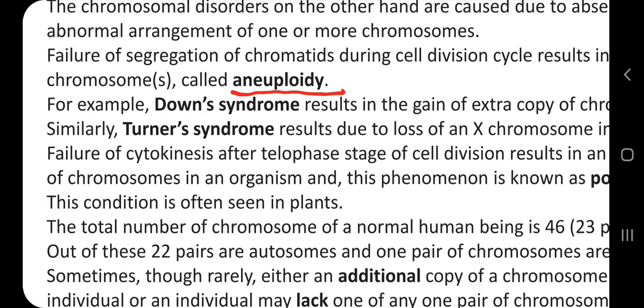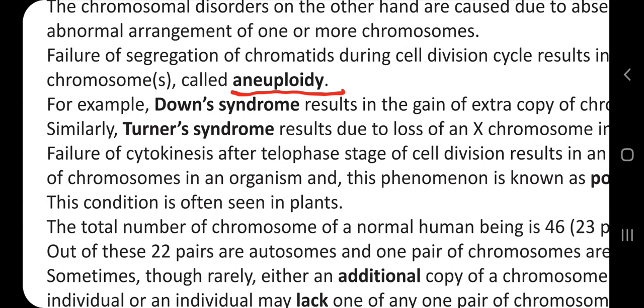If any cell has three sets of chromosomes, then it will be called triploid. We have encountered a triploid structure in case of angiosperms, and that was endosperm. We have learnt it in chapter 2, sexual reproduction in flowering plants. And there are tetraploids, pentaploids and hexaploids also. You will learn in later chapters that wheat, Triticum aestivum, has 6 sets of chromosomes.